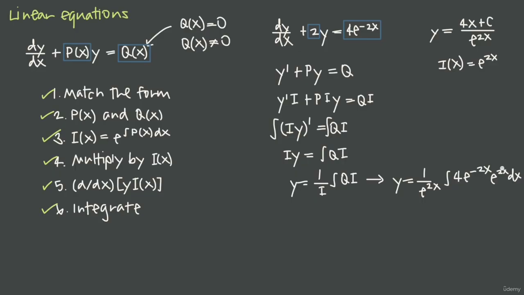The sum of the exponents is 0, so we get e to the 0, which is 1. So these two things cancel, and we're just left with the integral of 4. Remember that the integral of 4 is 4x plus c. So this entire value becomes 4x plus c. And what we're left with is 4x plus c divided by e to the 2x, which was the solution that we found earlier.